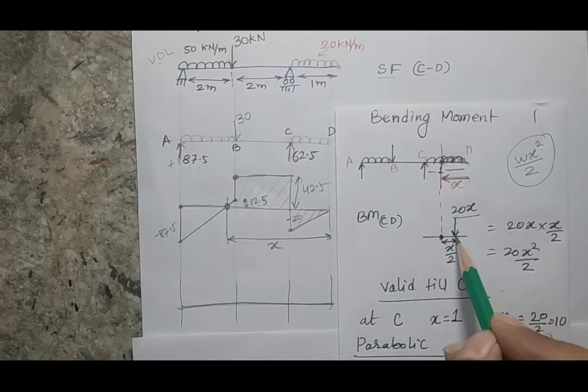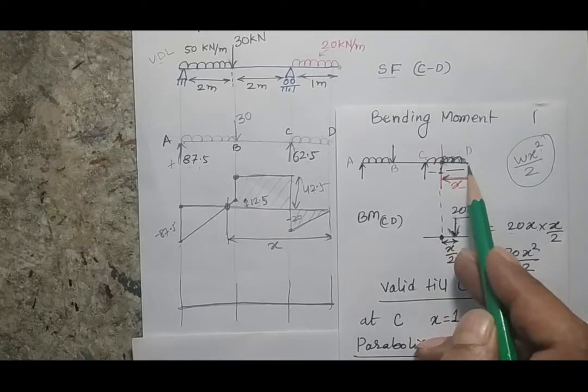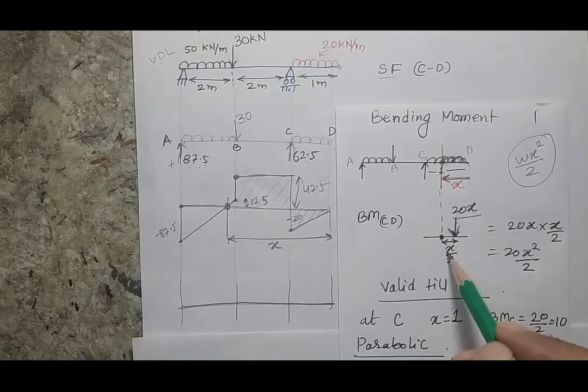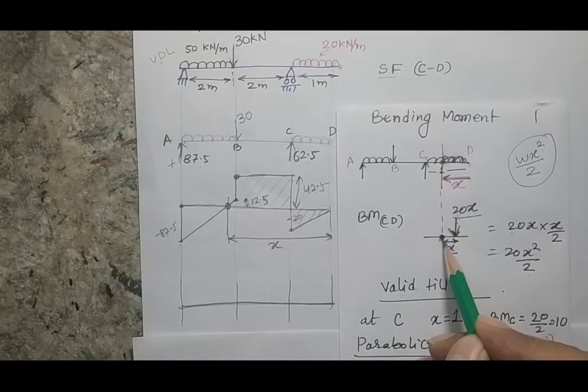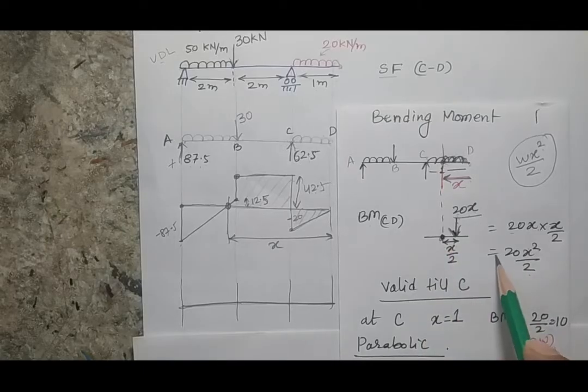First I will convert it into a point load, and the point load is acting at the center of this length. So 20x load is acting at x by 2 distance, and I am taking moment at this point. So this is my equation for the bending moment.